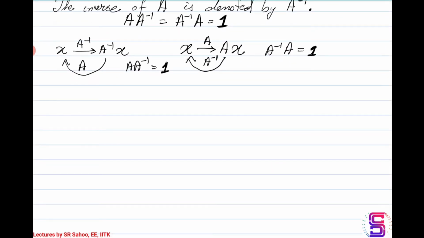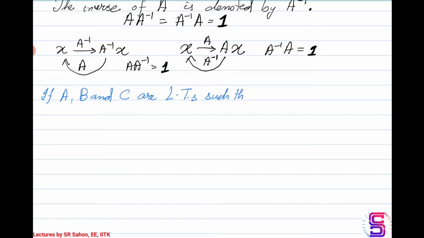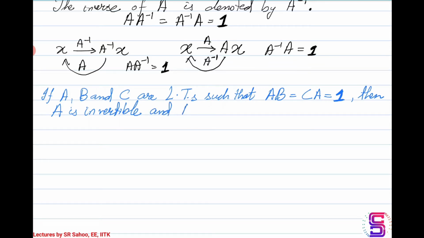So here I give you a result which is kind of useful. If A, B and C are linear transformations such that the products AB and CA both are equal to the identity transform, then A is invertible and A inverse is nothing but equal to B and C. So both B and C are equal, and they are nothing but the inverse of the transformation.